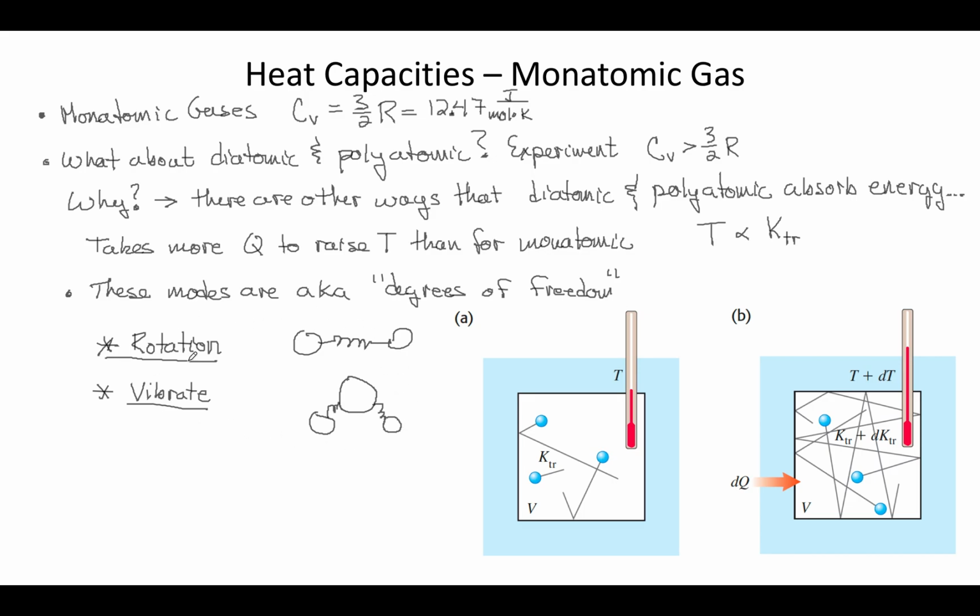Anyway, these modes, degrees of freedom, get excited in a diatomic or polyatomic molecule, and they absorb some energy, but they don't cause the molecule to bounce around and hit the walls any faster. And so the temperature doesn't increase when you excite these modes. Eventually, these modes will dissipate and cause some translational kinetic energy to increase, but that's a later story.